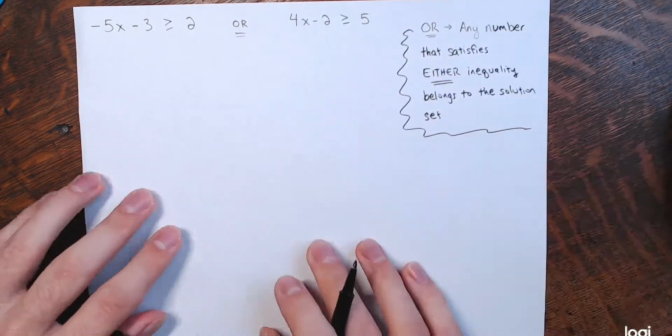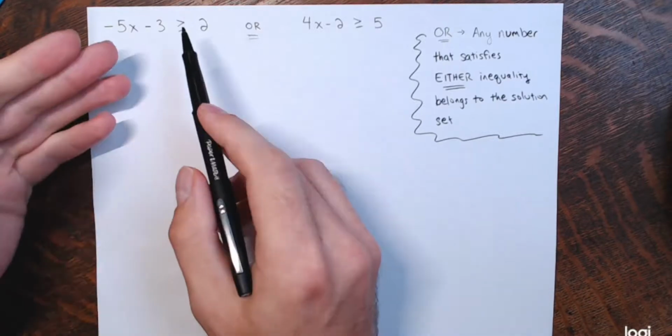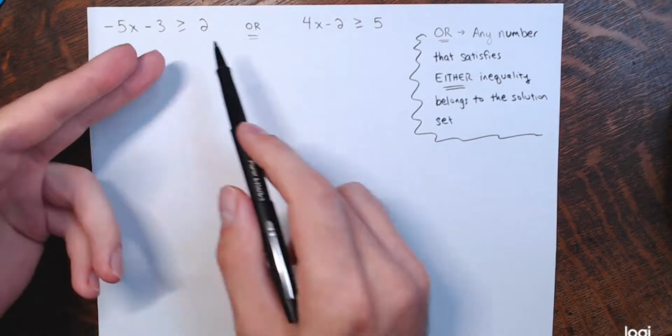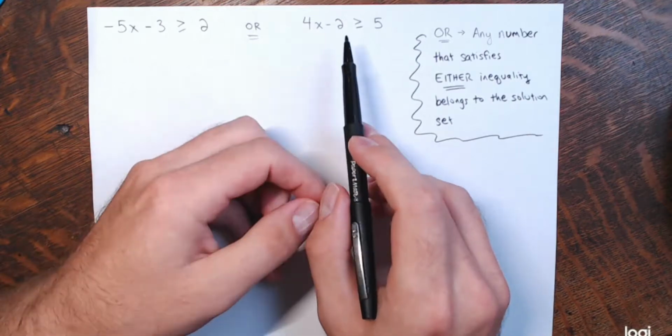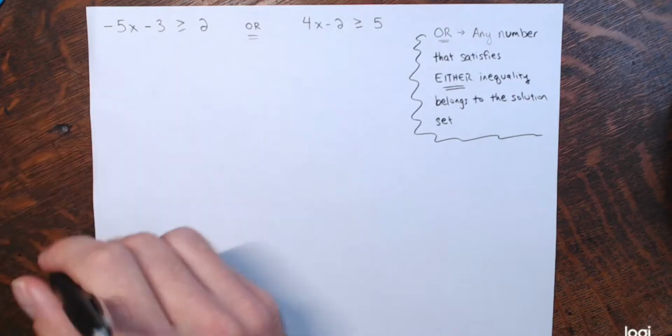So it's very loose, very inclusive. Any number that satisfies this first inequality belongs to the solution set. Any number that satisfies this second inequality also belongs to the solution set. So very simply, we just solve each of these.